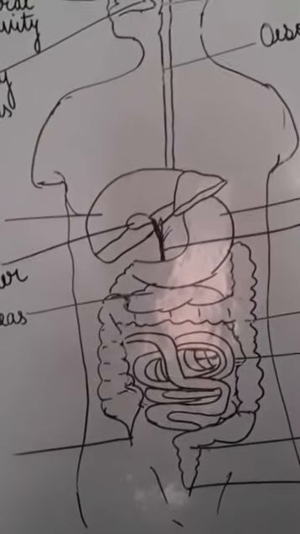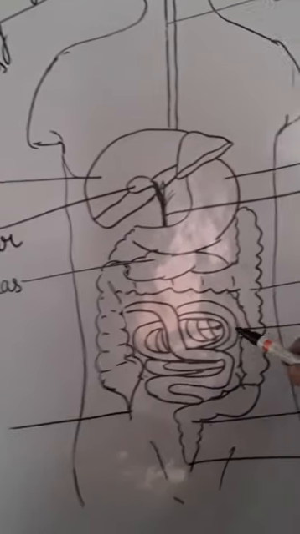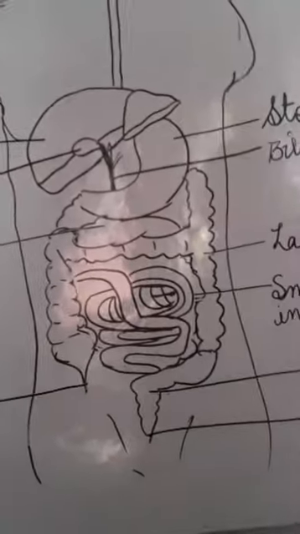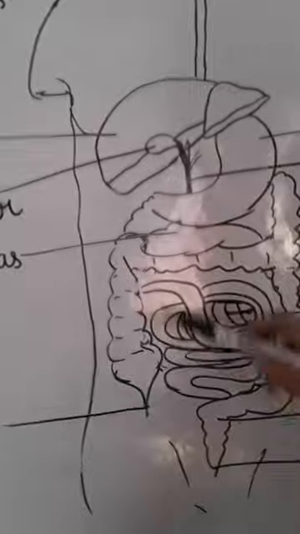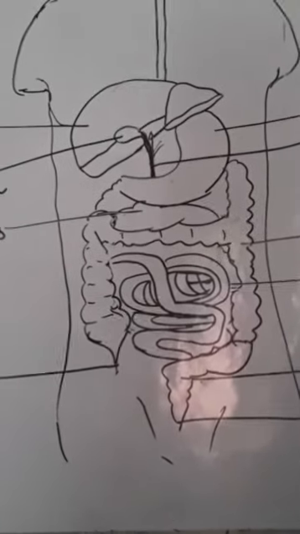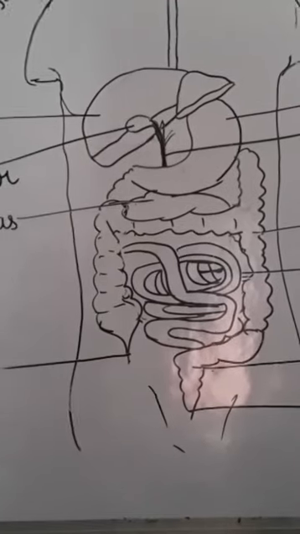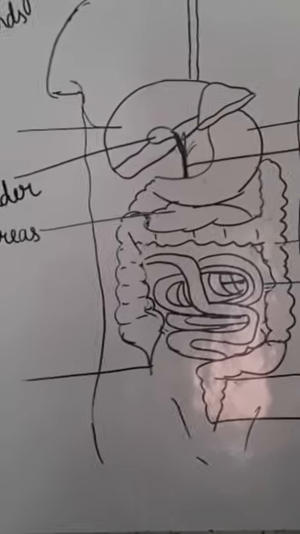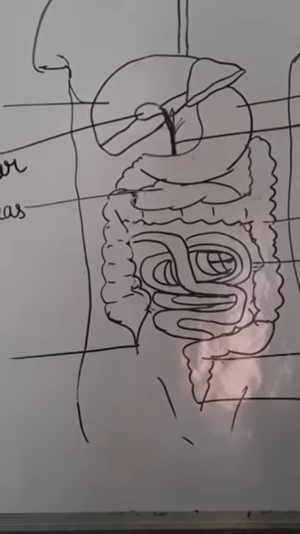When this food enters the small intestine, which is a highly coiled structure fitted into a very compact, narrow space, you should know that its length varies. Although it is the longest part of the alimentary canal, its length varies in herbivores and carnivores. In herbivores, which eat plants, digestion of cellulose takes place, so their small intestine is longer.